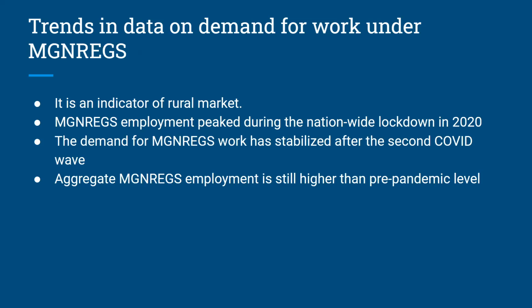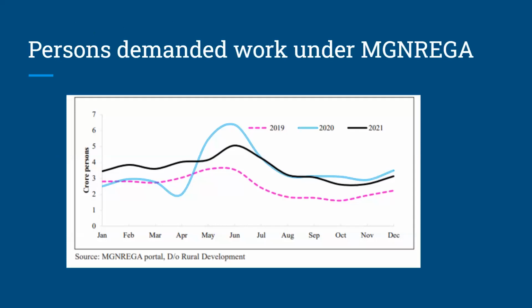Due to the nationwide lockdown during COVID time, you can see an increase in employment under this scheme, and this got stabilized after the second COVID wave. The aggregate employment under this scheme is still higher than the pre-pandemic level. So this particular graph shows the persons who demanded work under MGNREGS.